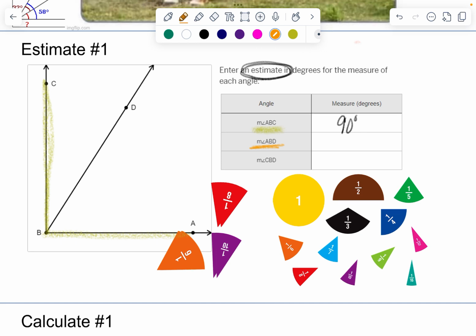So angle A is asking for this one right here, ABD. I think it's going to be pretty close to that 1/6 piece. So we're going to call that about 60 degrees.